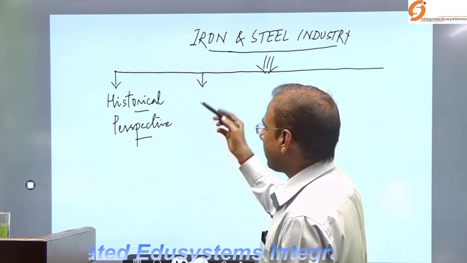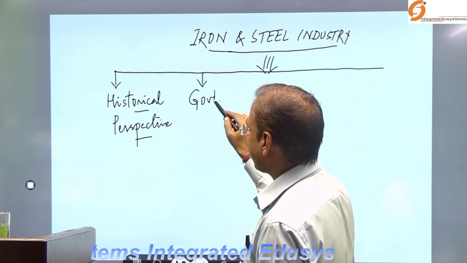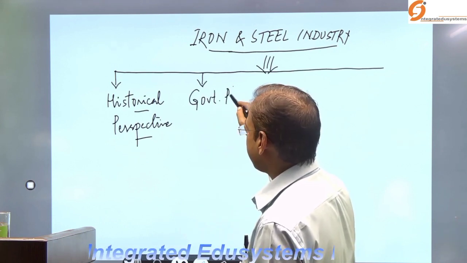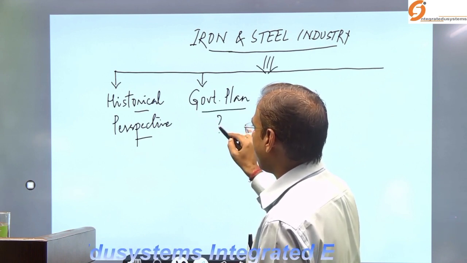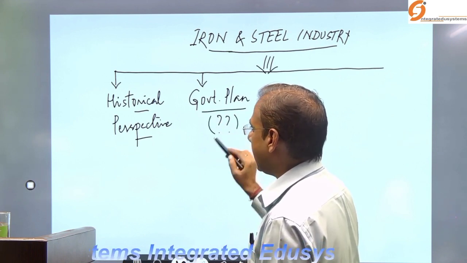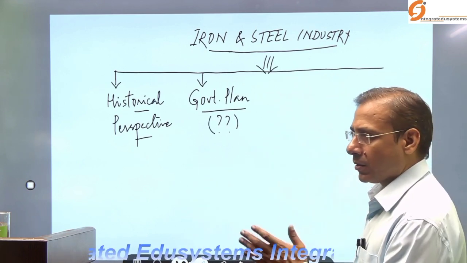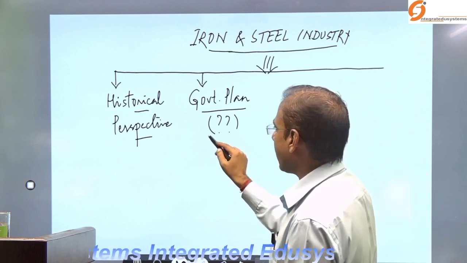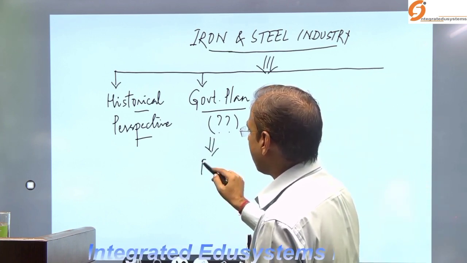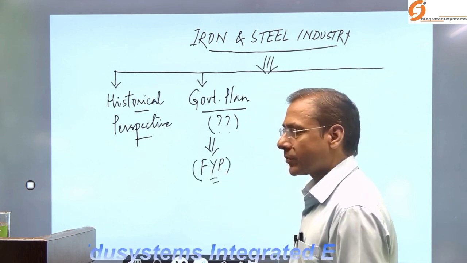what is the government's plan? Is there any government plan to encourage such kind of industry? Is there any focus on the planning process? 5-year plan में कोई emphasis या focus था इसके ऊपर?